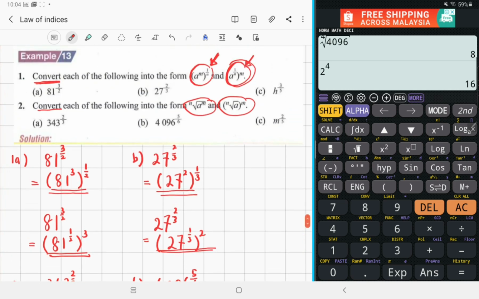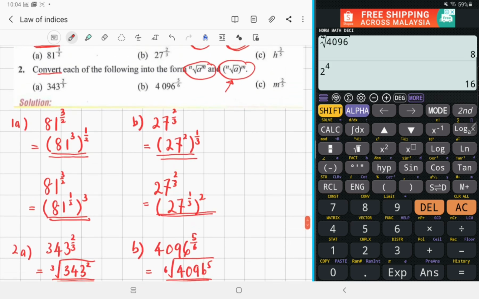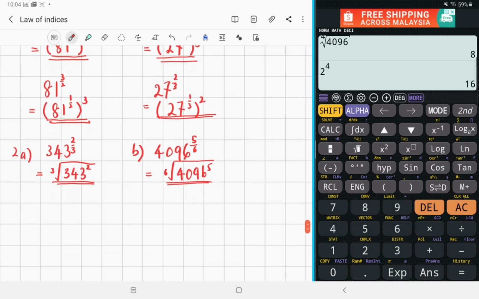What about if we write in this form: nth root, in the bracket, and then close the bracket, power of m. It will be 343 to the power of 2 over 3 is equal to, in bracket, nth root, the nth root is the cube root, of 343, close the bracket, power of 2.